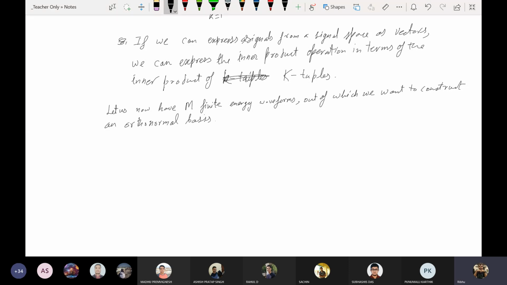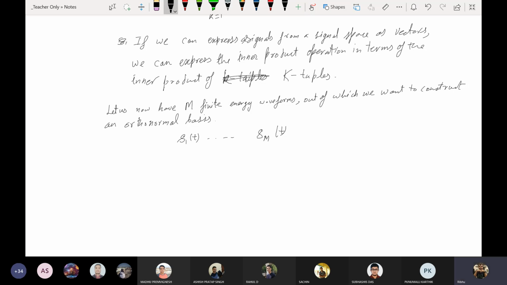So we want to construct an orthonormal basis out of these, and we have S1(t) till S capital M(t). So how do we do this?